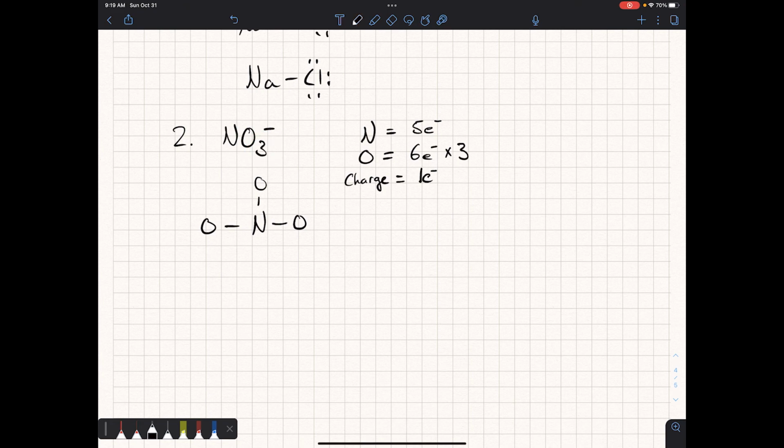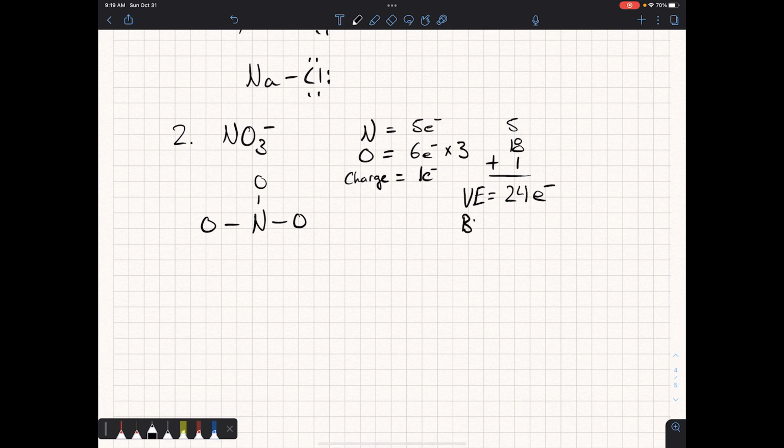So when we do this math, we're going to get 5 plus 18 plus 1. That'll give us our total number of valence electrons. So it's going to be 19 plus 5 is going to be 24 electrons. Okay, and then based on our skeletal structure here, we used up 2, 4, 6 electrons as our bonds. So because we have 3 bonds, that's 6 electrons.